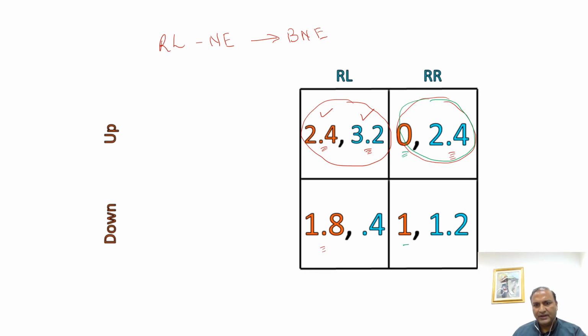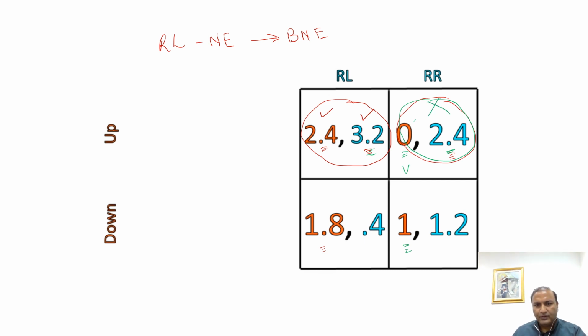If he changes, he can get 1. So of course there is an incentive, and he would like to move to down. We can also check for player number 2. He is getting 2.4 here, and if he changes, he gets 3.2. So both players have an incentive to change. So this is not a Nash equilibrium.